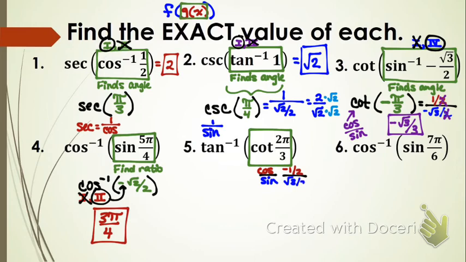Square root of 3 over 2. I'm going to get rid of those denominators. Do I have to rationalize this denominator? Is it my final answer? Then you don't need to rationalize it yet. You need to rationalize denominators on final answers.